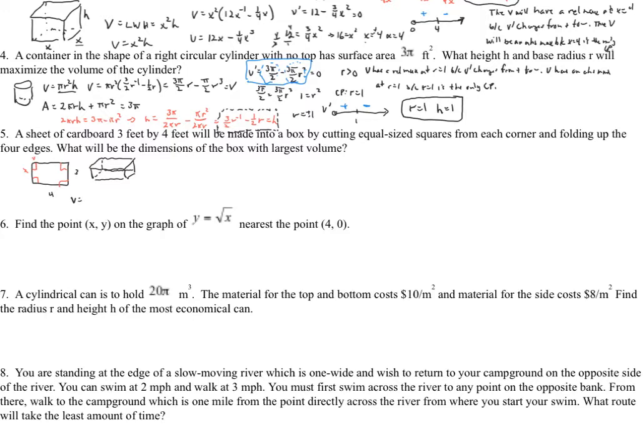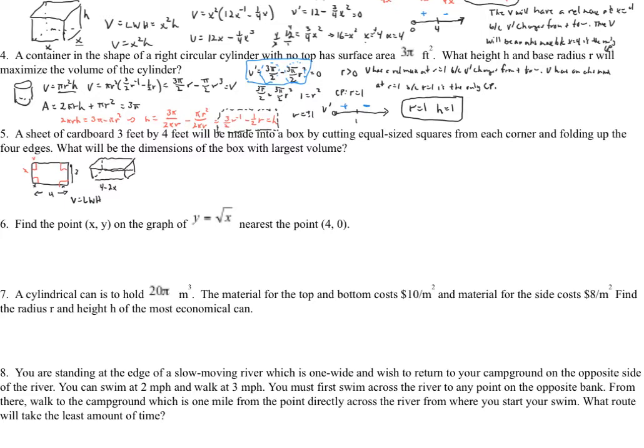Now the volume of a rectangular prism is length times width times height. Now this original dimension that was 4, remember we're cutting 2 of those x's out and then folding it up. So that's going to make this side down here 4 minus 2x.